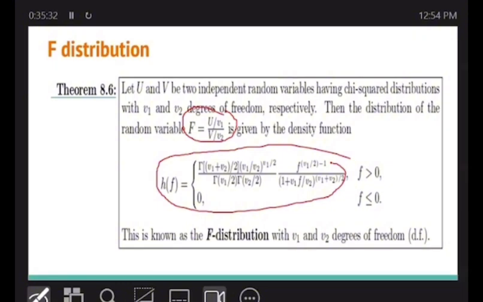So F is the ratio of two independent chi-squared. Since U is a chi-square distribution with degree of freedom V1 and V follows a chi-square distribution with degree of freedom V2, the F distribution has two different degrees of freedom.